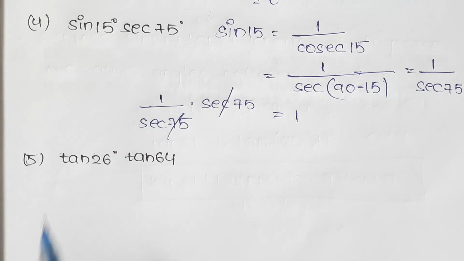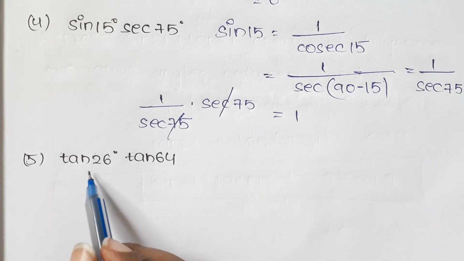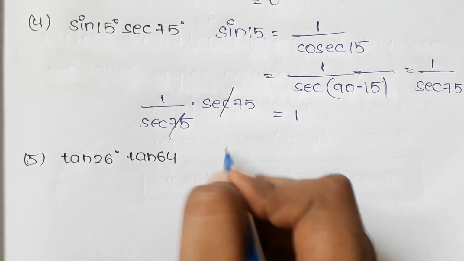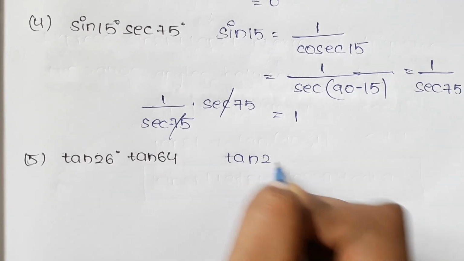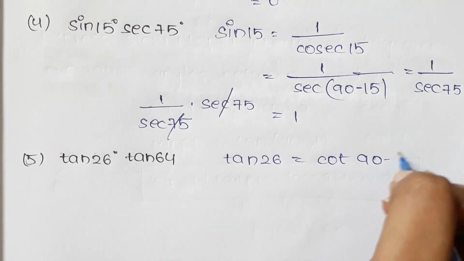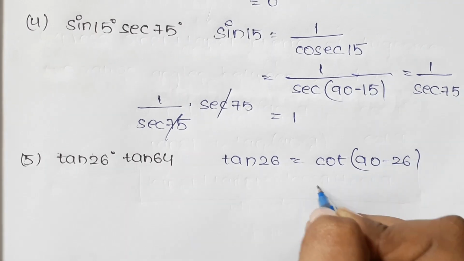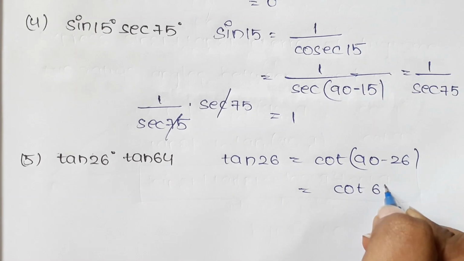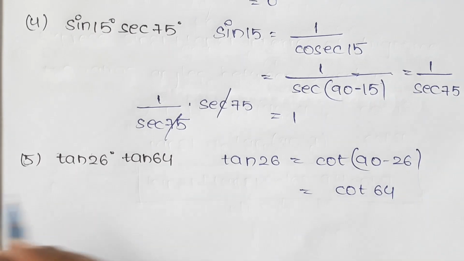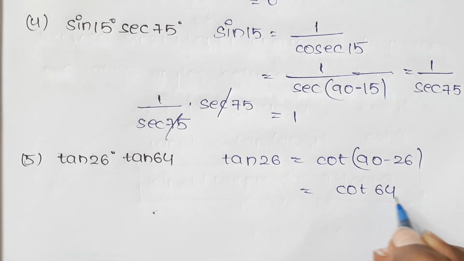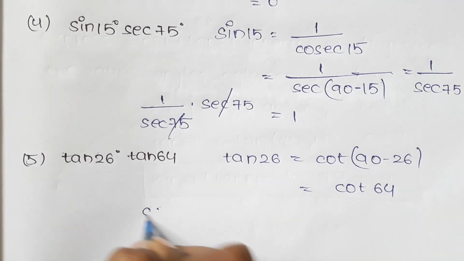Now let us see the next one, that is tan 26 into tan 64. Here tan 26 can be written as cot 90 minus 26. Cot 90 minus 26 is nothing but cot 64. And now let us substitute this cot 64 in tan 26.